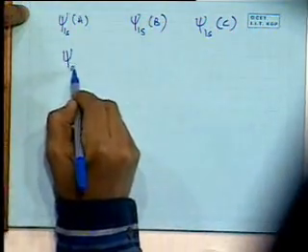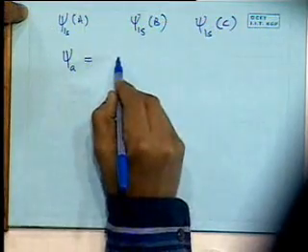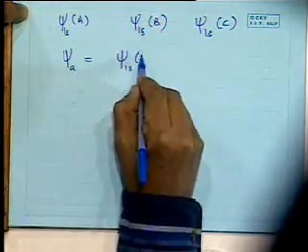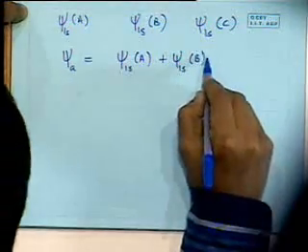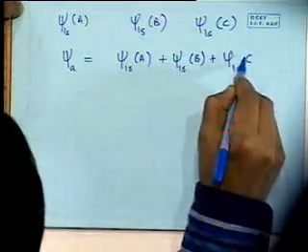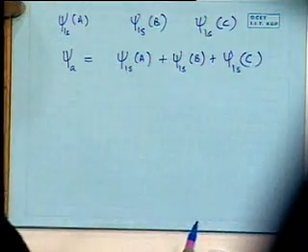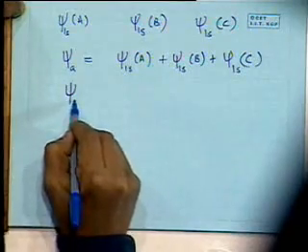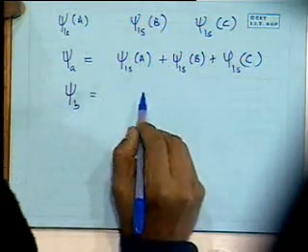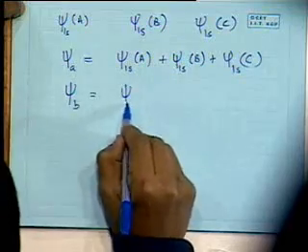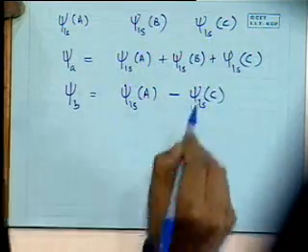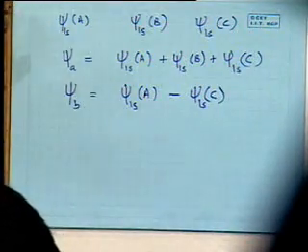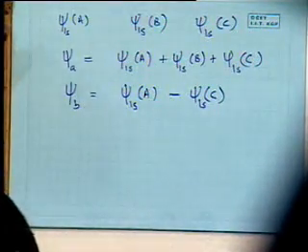But fundamentally, it turns out that psi A is formed by a simple addition of these 3: psi 1s A plus psi 1s B plus psi 1s C. Psi B, on the other hand, is formed by subtracting psi 1s A minus psi 1s C. The B orbital is not playing a role in the formation of this particular molecular orbital.